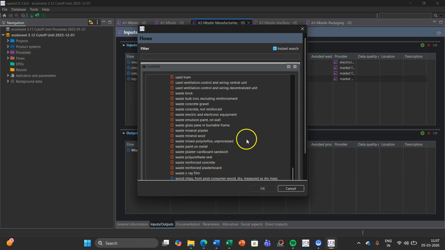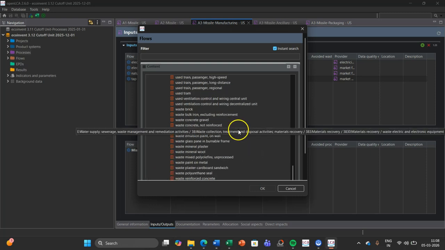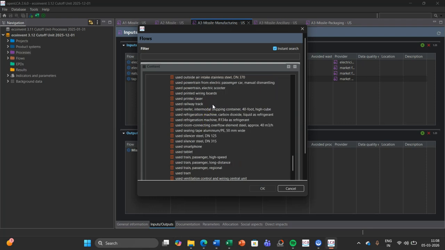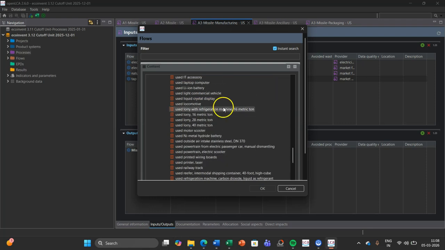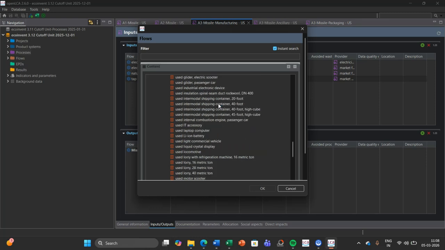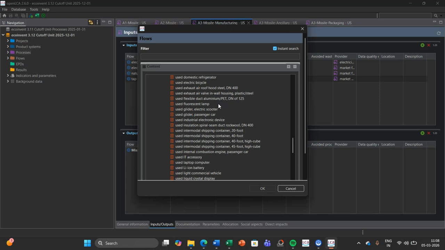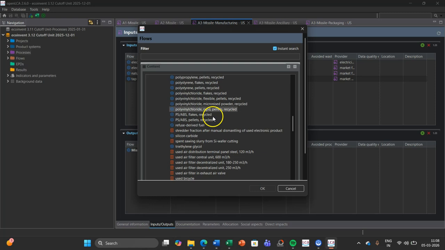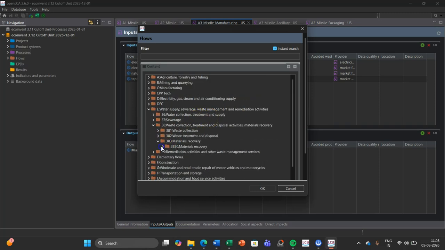Waste paint on metal. Why? Because if the particular waste is not available in waste-based flows, then we have to create the background activity for the particular waste that we are interested in, that material, the scrap. Those kinds of activities are there.